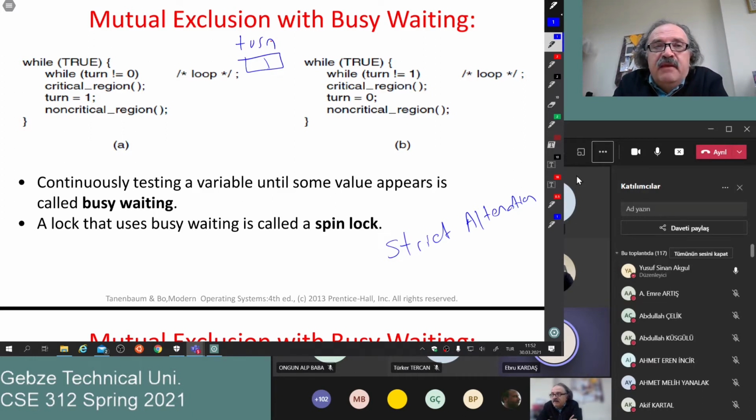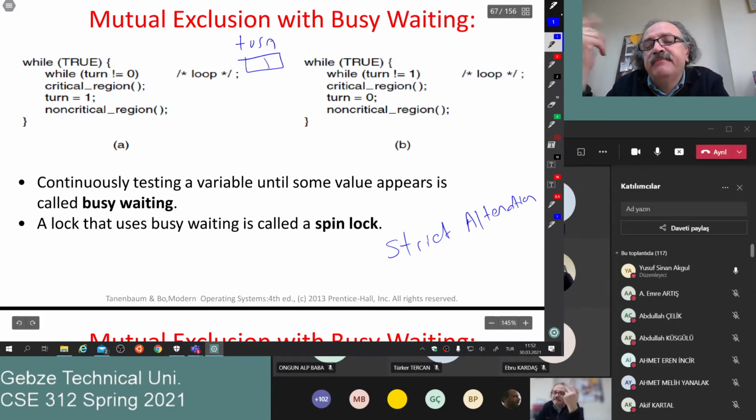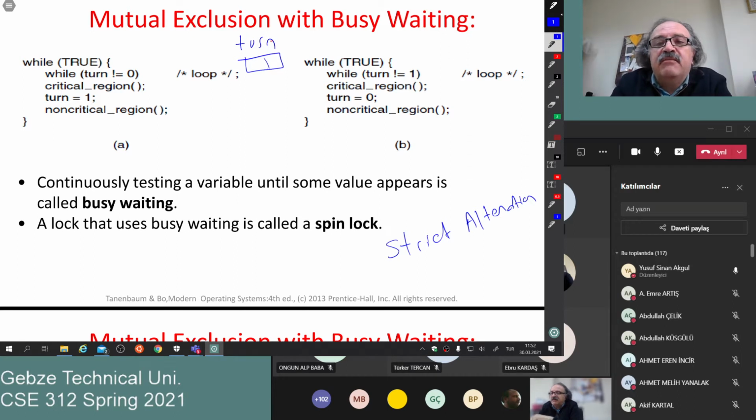Exactly. Let's say process B is lazy. For some reason, it did not run. Process B is in the non-critical region. It is waiting there. The non-critical region takes lots of time for process number 2. That's okay.